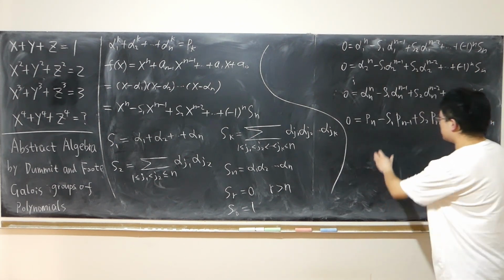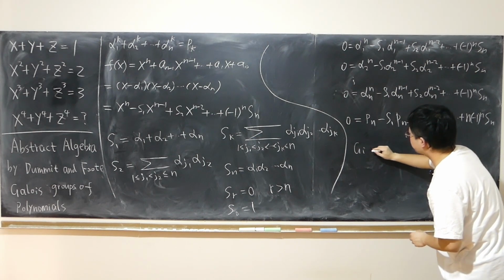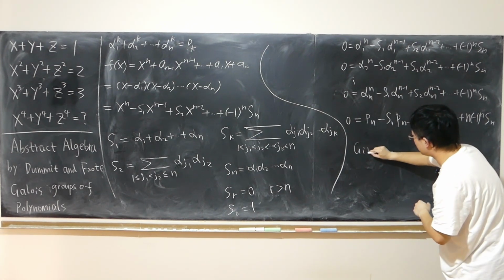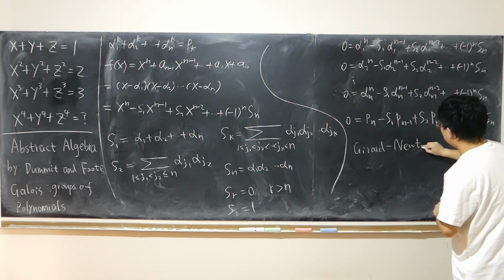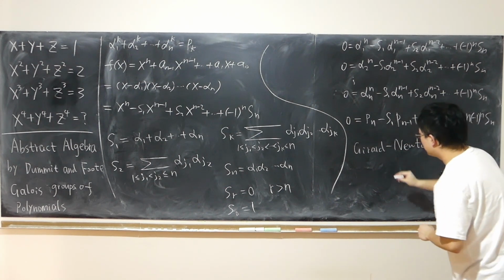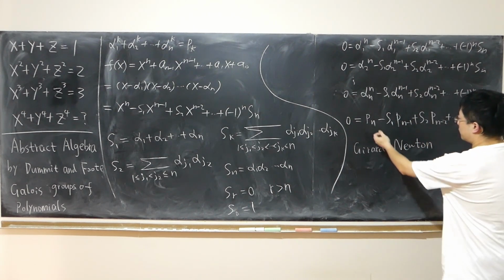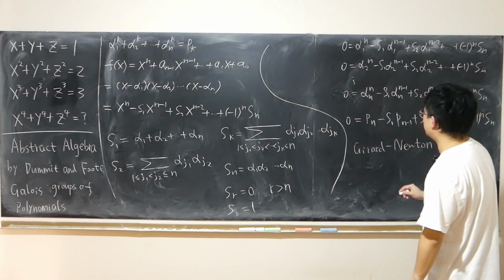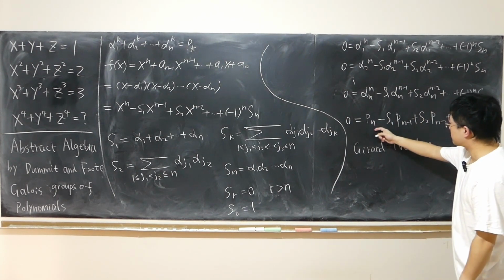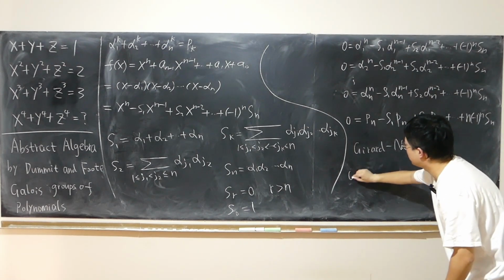And what's even better is that according to the Girard-Newton formula, even if we don't have n, even if we have k, where k can be bigger than n or less than n, we can always also have this identity as well.